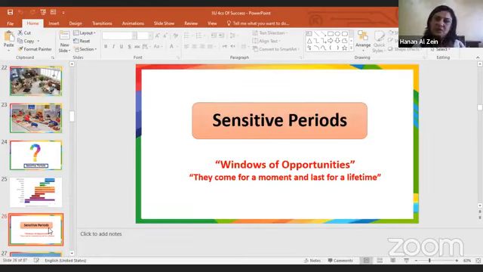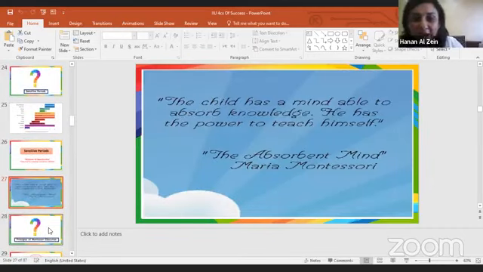So as you see, sensitive periods are one of the bedrocks of Montessori theory of education and philosophy, which is called the window of opportunity. Why? Because in such sensitive periods, the child will be like a sponge. Imagine the sponge.